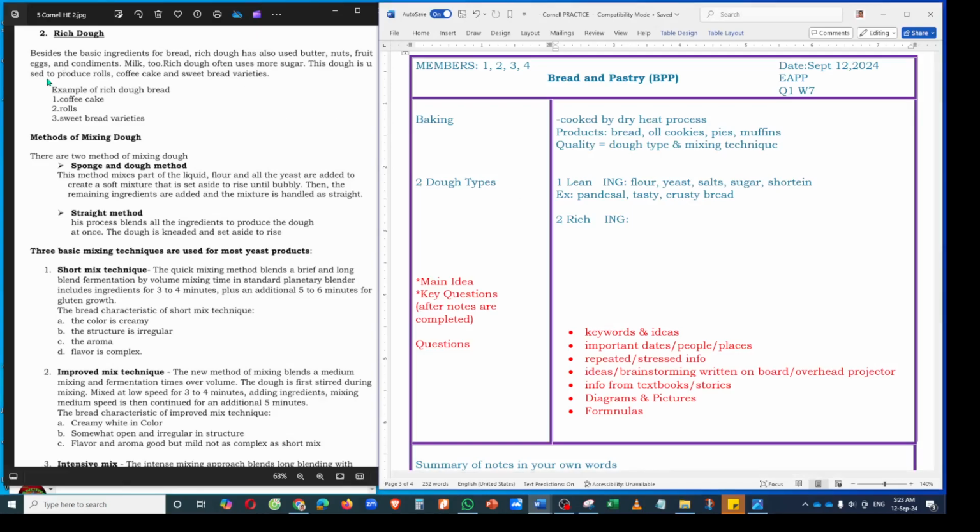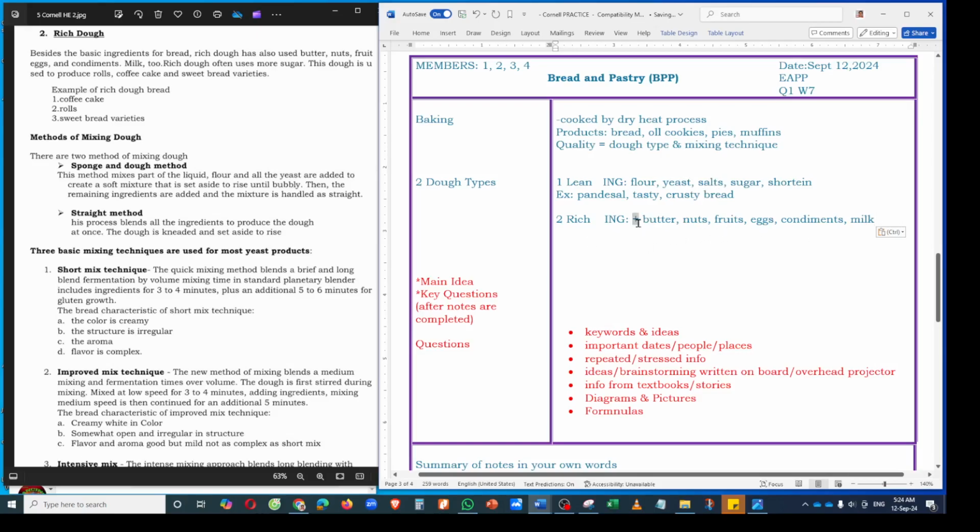So, in that short thing, you create information na mas madali maintindihan. 'Di ba sabi niya dito, etong basic ingredients. So, si rich dough, aside from that, additionally daw, plus meron daw iba pang ingredients. So, wag mo nang ulitin yung list na nandoon. You will just list plus.